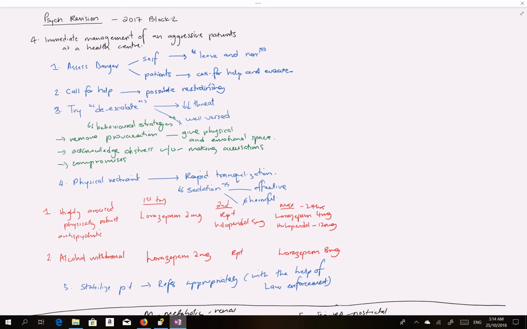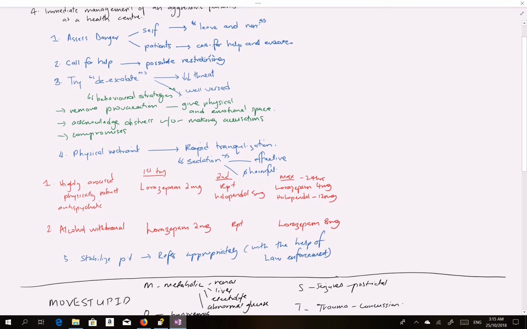The next bit is to acknowledge that the aggressive patient is distressed, but without making any accusations. The other bit is to make a compromise with the aggressive patient. Those are the things you would want to do when you try to de-escalate the situation.